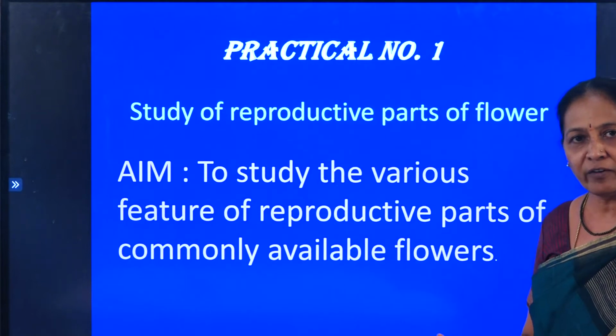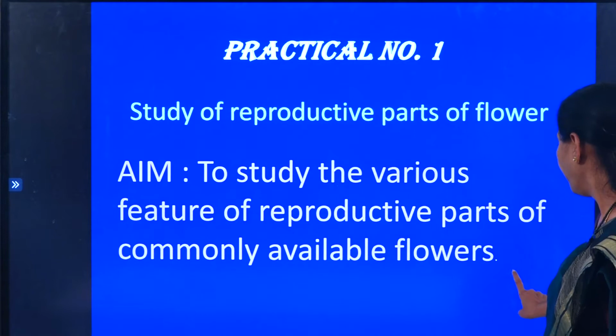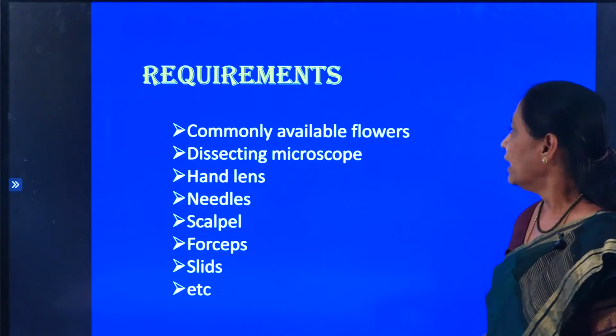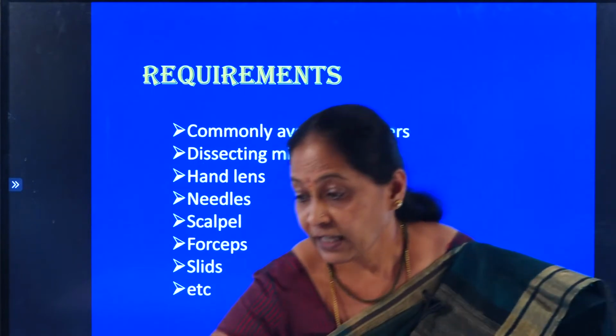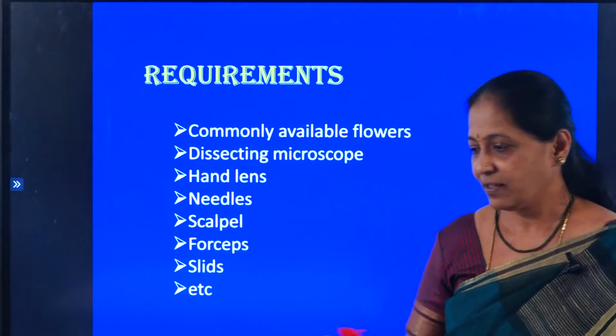We can select any one of the flowers for the experimental purpose. The requirement is a commonly available flower. Here I have selected this hibiscus flower for the experimental purpose.